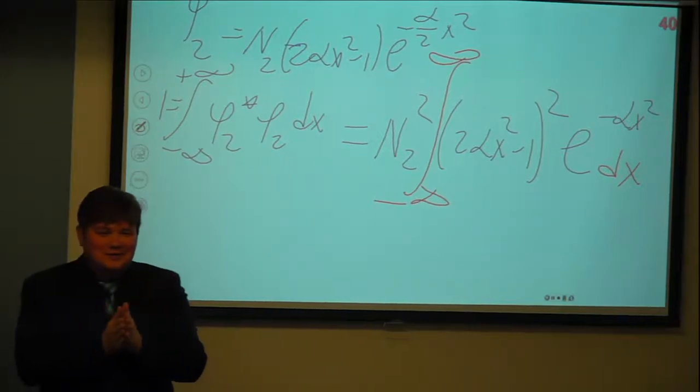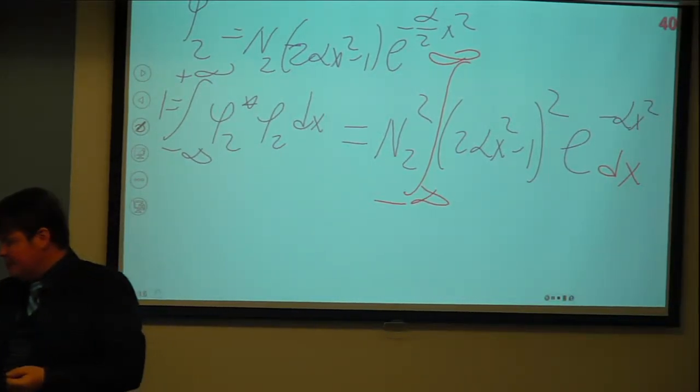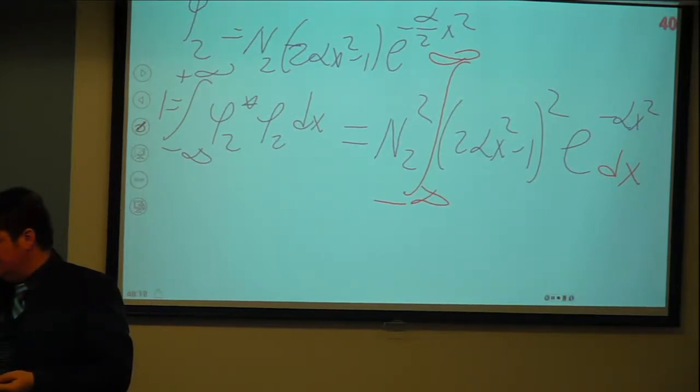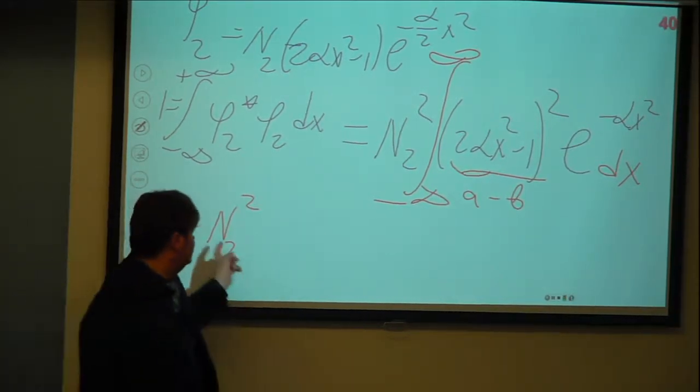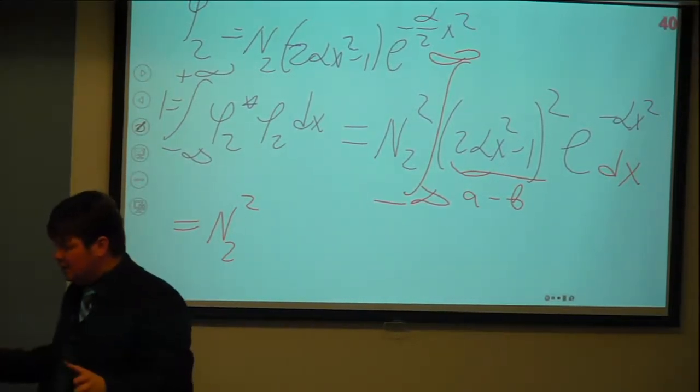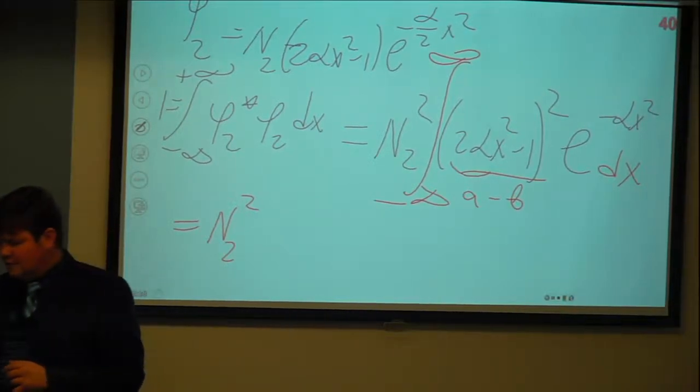Good extra credit work. Worth a big credit. So, if this is A and this is B, we can just open the bracket. And the goal of this exercise is to solve for n2, for the normalization factor. Everything else should reduce to something like square root of pi, square root of alpha.